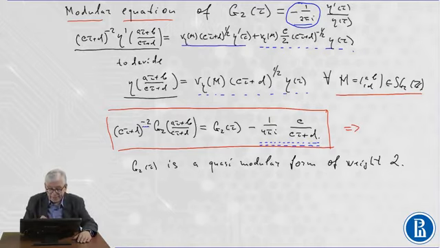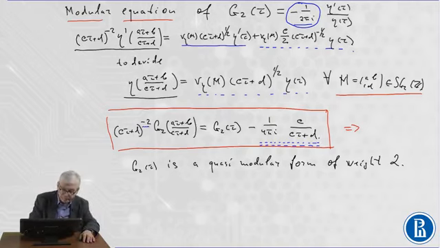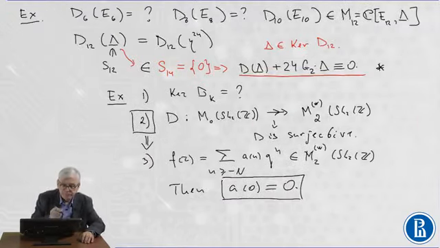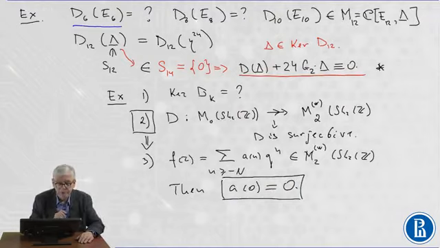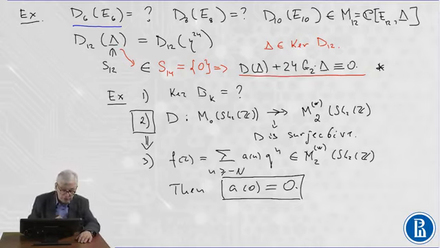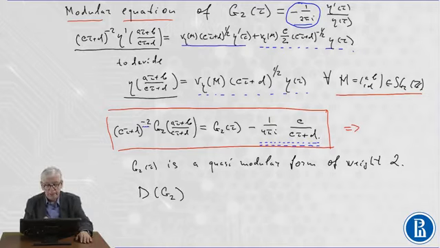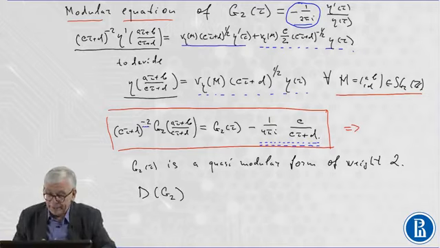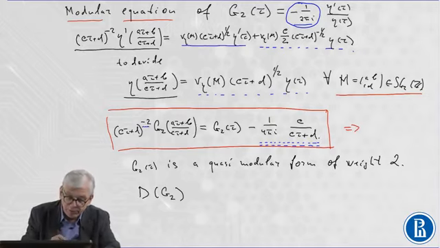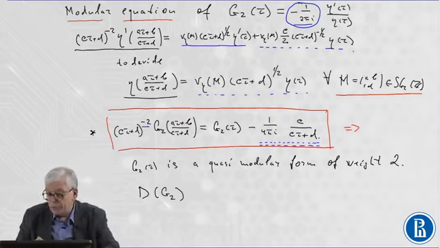But now we have to put the question. We have calculated the modular differential operator on Eisenstein series E6, E8, and so on. But what about G2? So the question which we have to put: what do we have about D of G2? If we calculate the derivative of this modular equation, we get a term of order 2.